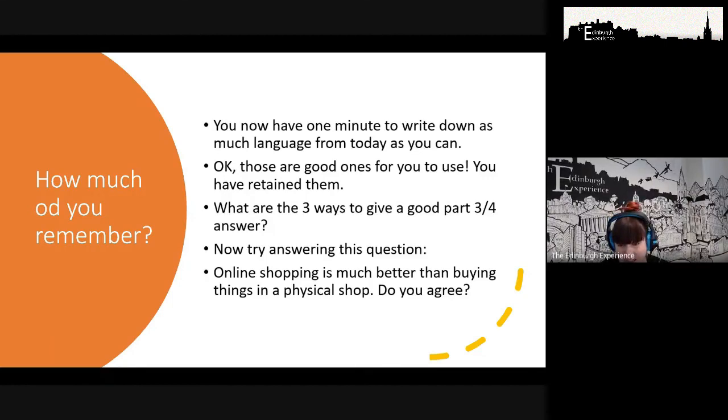Using interesting language and the 3 steps. So give an opinion, explain the opinion, expand the opinion. All right. So that's your little language challenge for you to try this week. Okay. And do try and use the words that you did write down, that you retained, that you've remembered well. Your other language challenge is to start to bring those into your speaking. Right, this week.